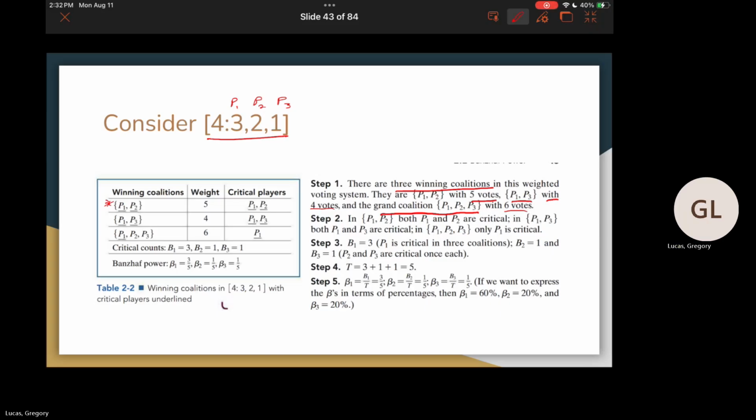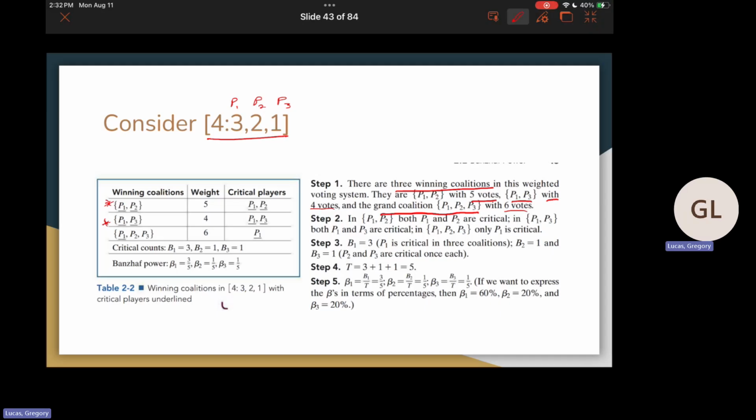So they're both critical, so we'd underline both of them. If player 1 and player 3, if one of them doesn't show up, it'd be critical because 2 and 1 would not be, 3 and 1 would not be enough to pass.